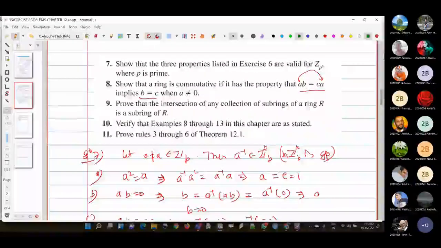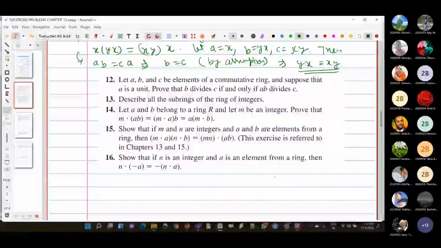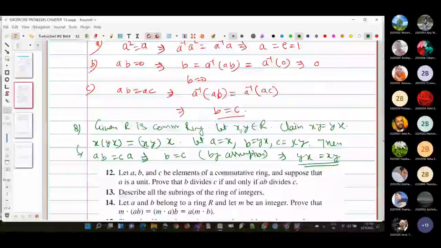Let us see the next question. Question number 9 says: prove that the intersection of any collection of subrings of a ring R is a subring of R. I think this is easy.